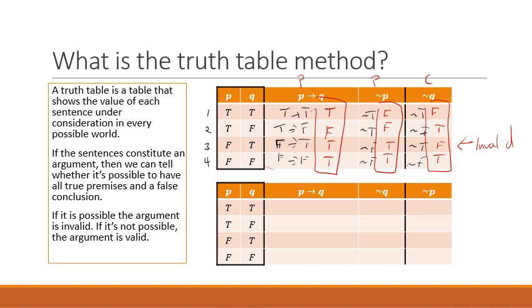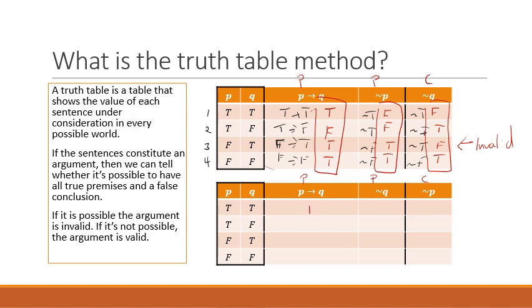So here is almost the same argument. It's the same sentences, but the only difference here is we've swapped the second sentence with the third sentence. So if we call the second sentence the conclusion and the third sentence a premise, you're going to see that it's not possible to have all true premises and a false conclusion, right?